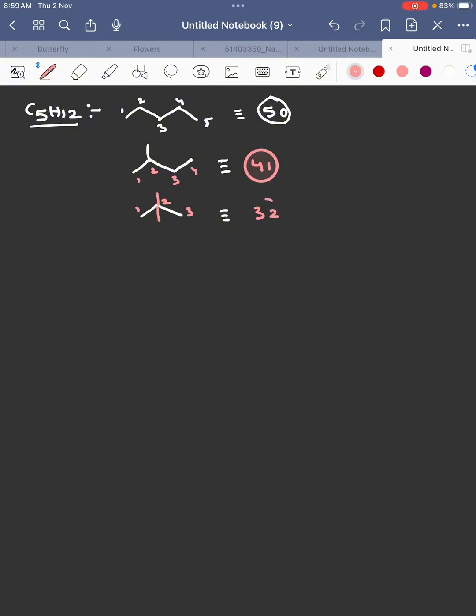Number of side chains is 2. So this is your skeleton number. Skeleton numbers must be different. It is called chain isomerism. See, it is 50, it is 41, it is 32. Now, what is the compound name? It is called n-pentane.